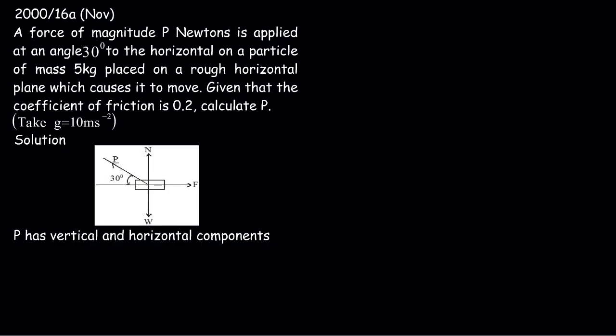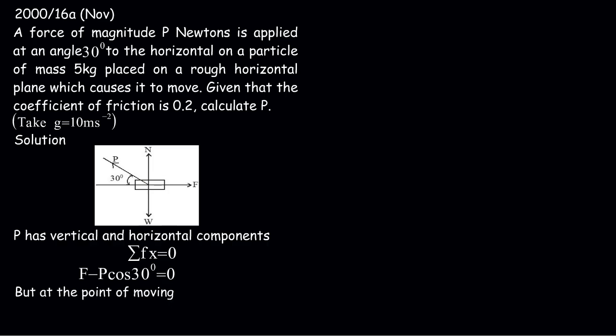Now beginning with our horizontal components, the sum of Fx, which is our horizontal components, will be equal to 0, and our horizontal forces F minus P cos theta, which is the horizontal component of P, will be equals to 0. These are our only two horizontal forces.